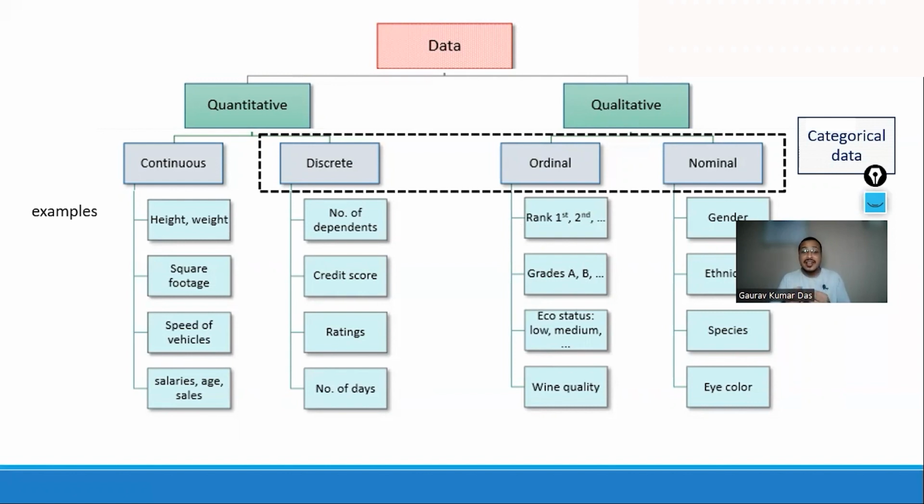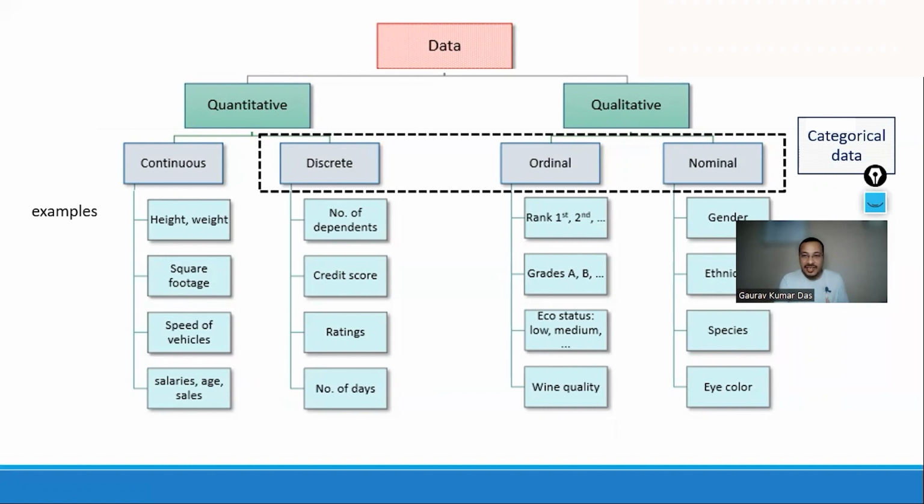Because discrete numbers, ratings 1, 2, 3, 4, tend to categorize my data. Suppose there's a movie which has received rating 4. So the number 4 basically represents all those movies which have got a rating 4, right?